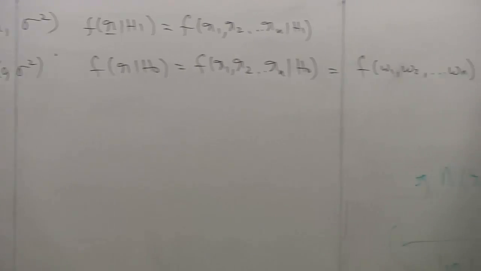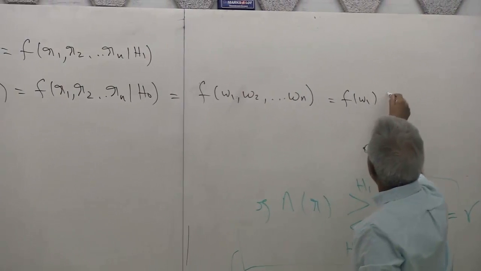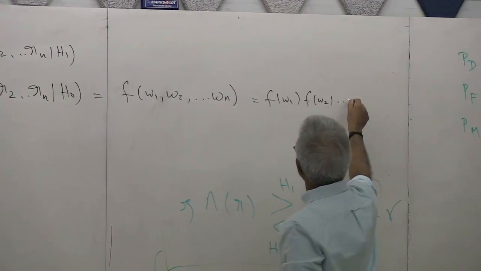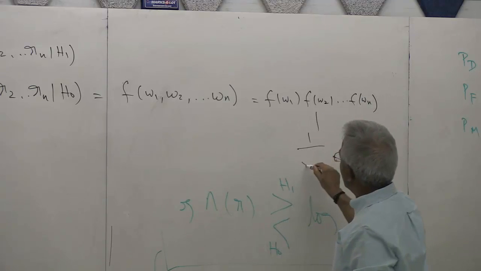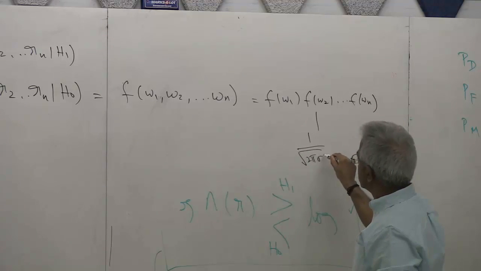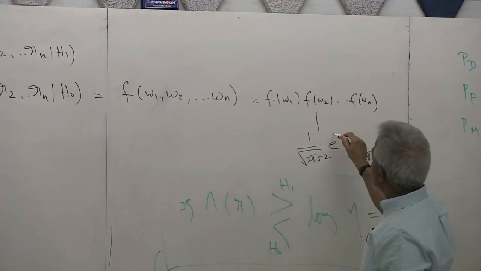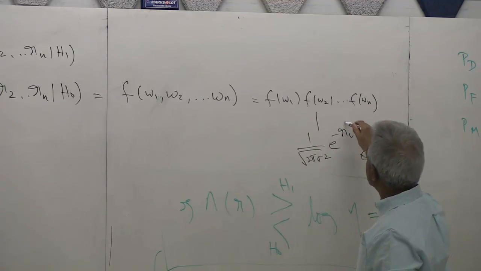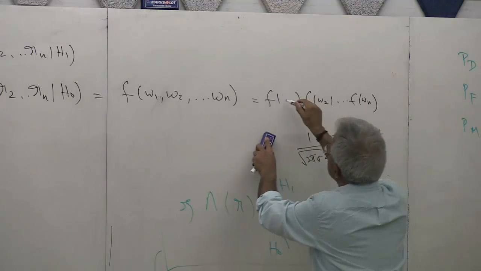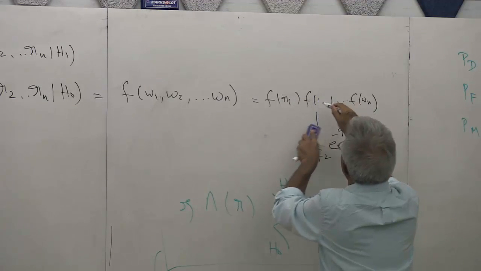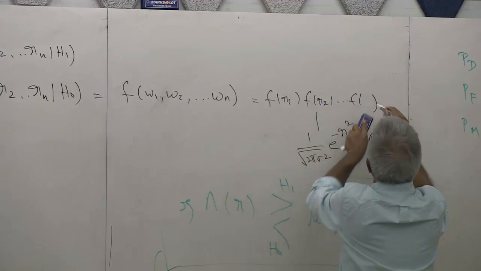So of course here you can say it is F(W1) multiplied by F(W2), etc., F(Wn). And each of these is of this form, right? Square root of 1 over 2 pi sigma squared, e raised to minus ri squared over 2 sigma squared, because this is the same as under this one, R1, R2, Rn.